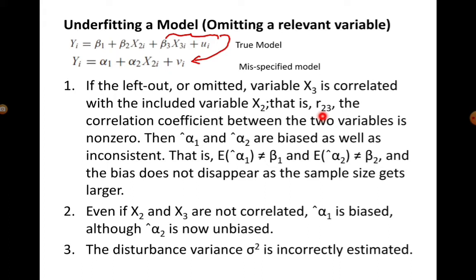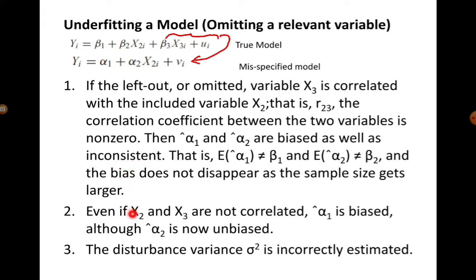And if there is a correlation of this sort, that would mean that your intercept term alpha 1 as well as the coefficient of x2, alpha 2, will be biased, and this bias will not go away if your sample size is large enough. So they are biased as well as inconsistent. Inconsistent is a statistical term that we use when the bias does not go away even if the size of the sample is increased.